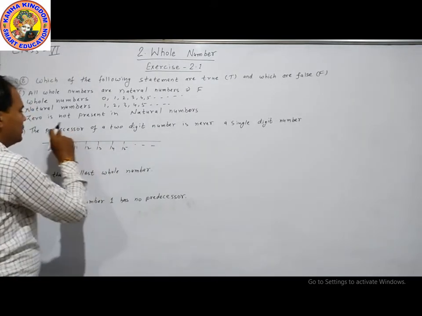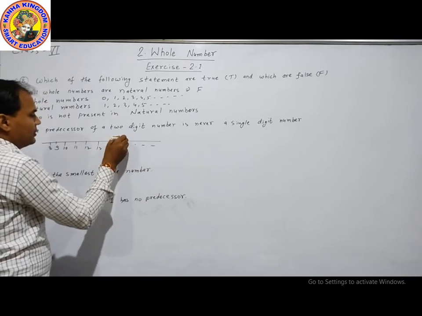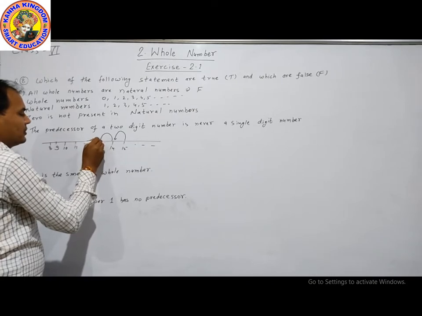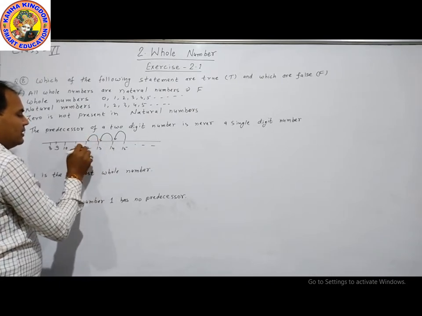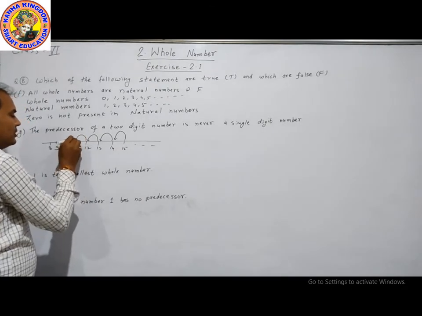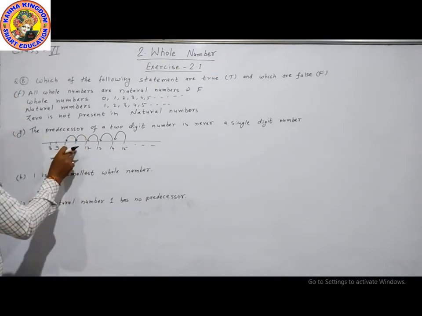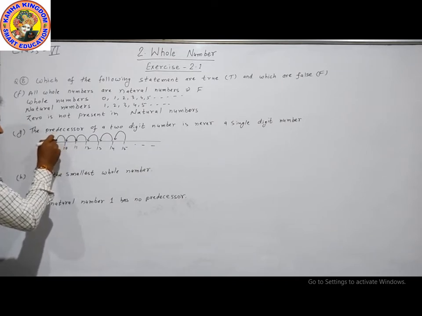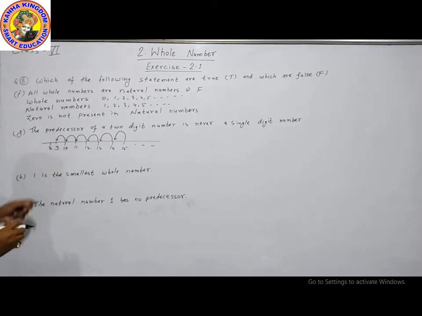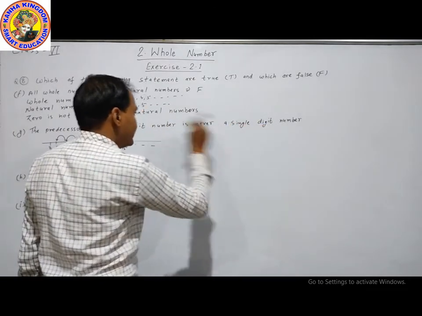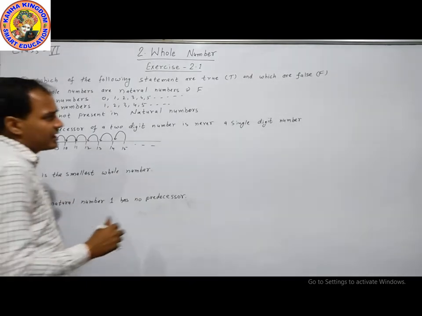Now the predecessor of a 2-digit number. The predecessor of 15 is 14, 13, 12. These are also 2-digit numbers. The predecessor of 11 is 10. 10 is a 2-digit number whose predecessor is 9. 9 is a single digit number. So a 2-digit number can have a single digit predecessor. So this statement is false.